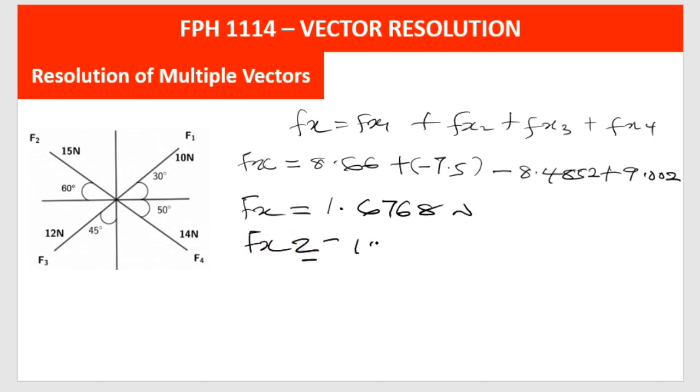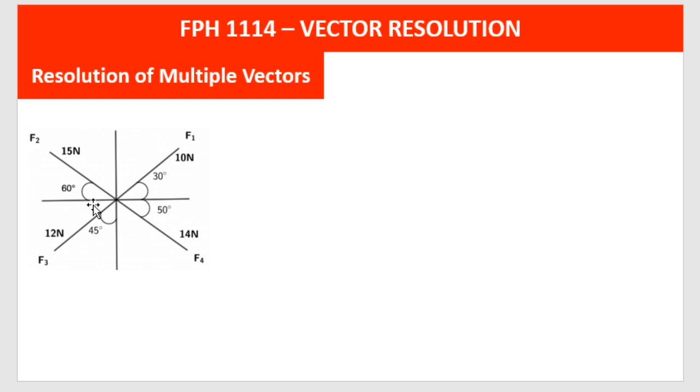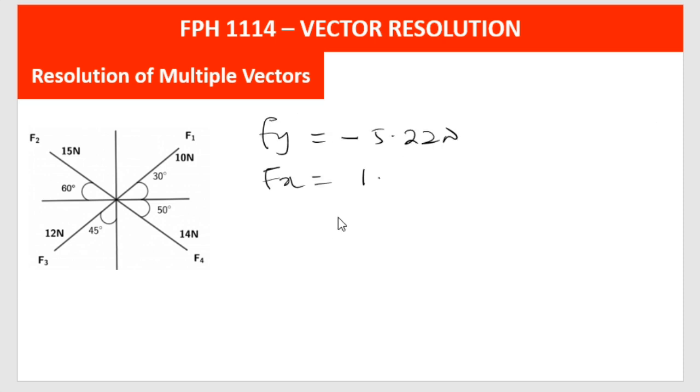So I have 1.68 Newton here. Recall that we have our Fy to be minus 5.22 Newton, and Fx is 1.68 Newton.